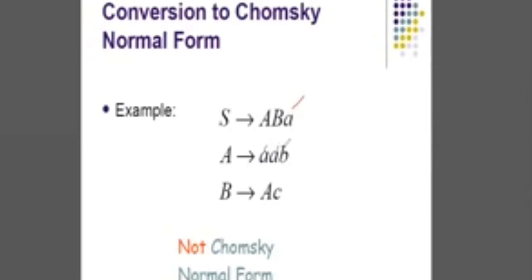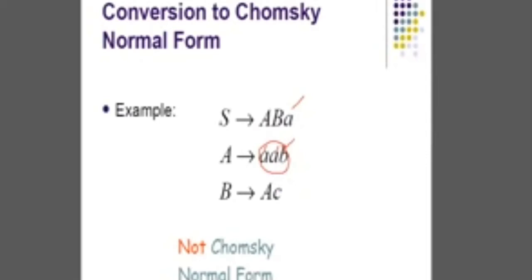This S and B, we cannot have three non-terminals. I mean, we cannot have three terminals. That should be only a single terminal, right? And here on the right hand side, both should be variables, but here one is a variable, one is a terminating symbol. Here two are variables, and one is a terminating symbol, right?